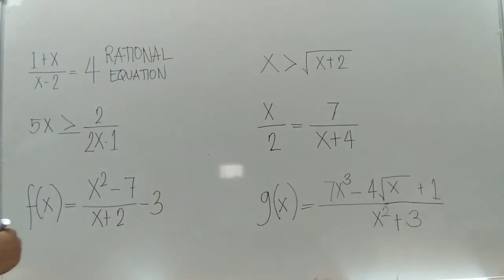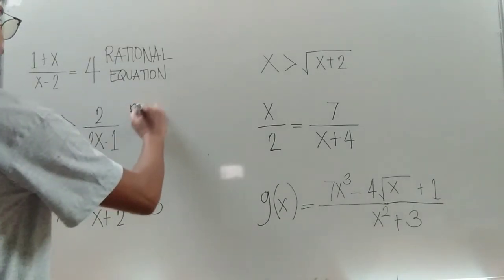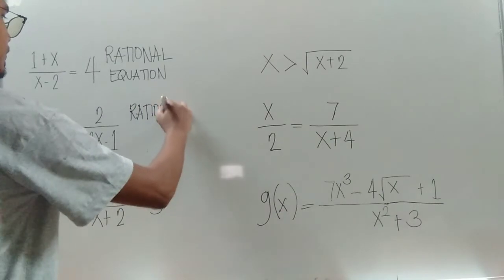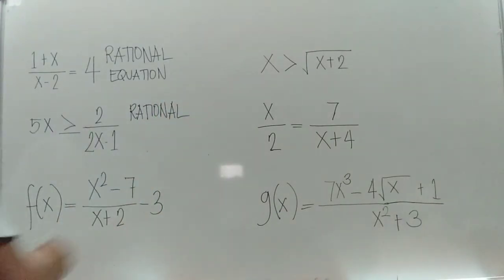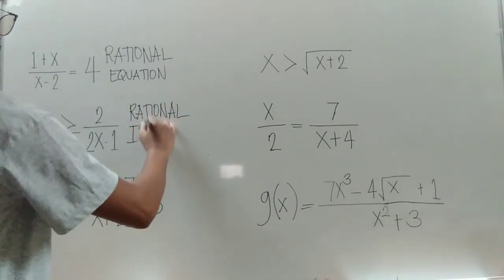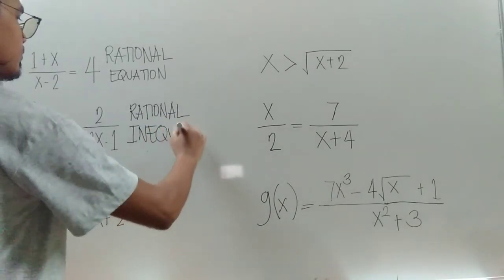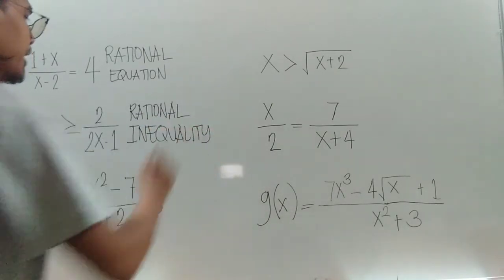Going back to the definition, it is a rational equation. Second, we have 5x is greater than or equal to 2 over 2x minus 1. Looking at the symbol, we can easily identify that it is a rational inequality.